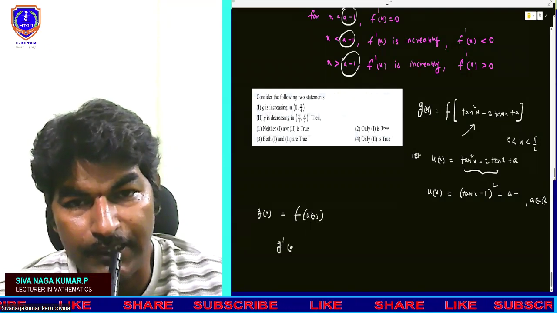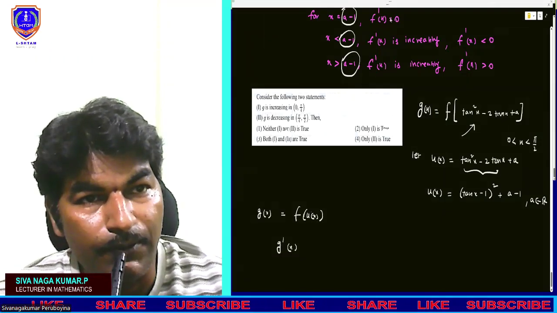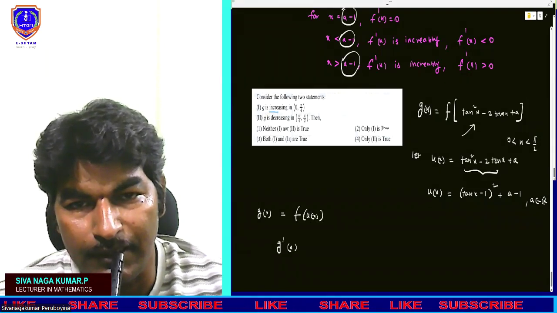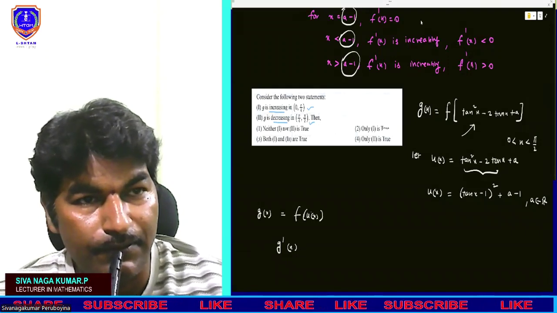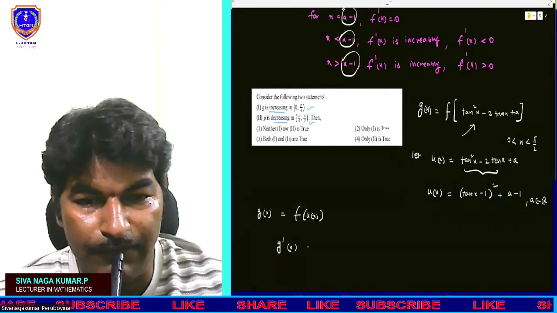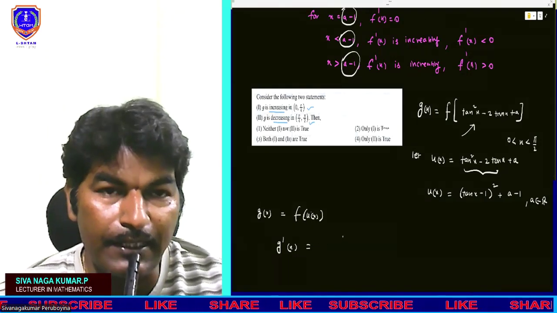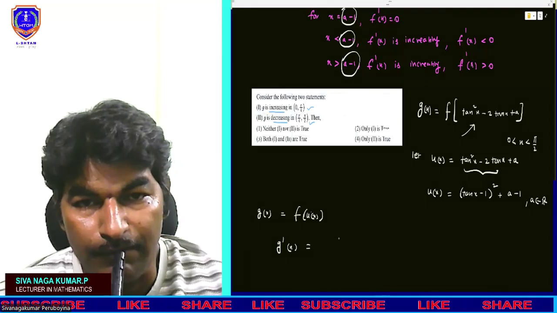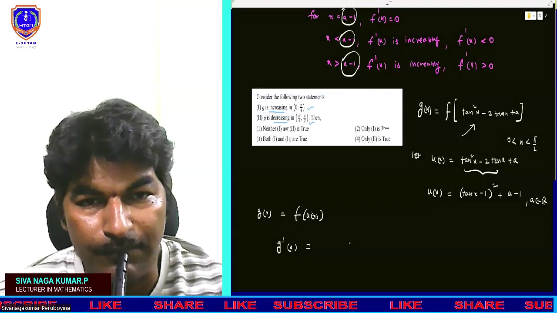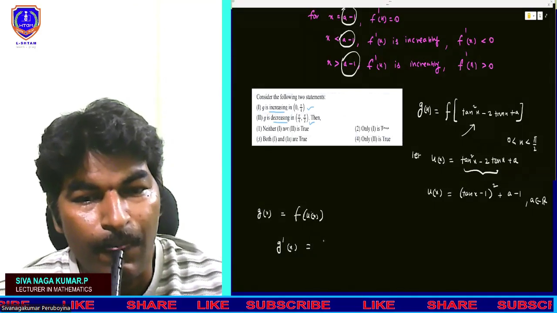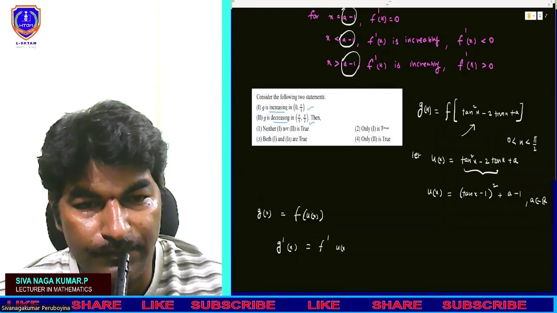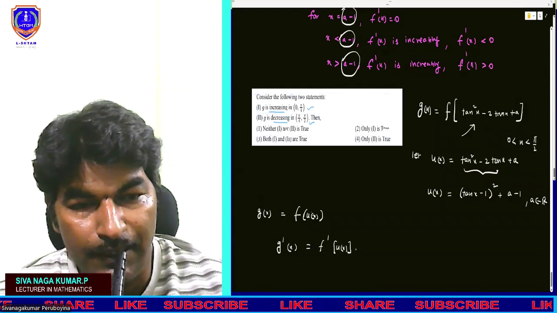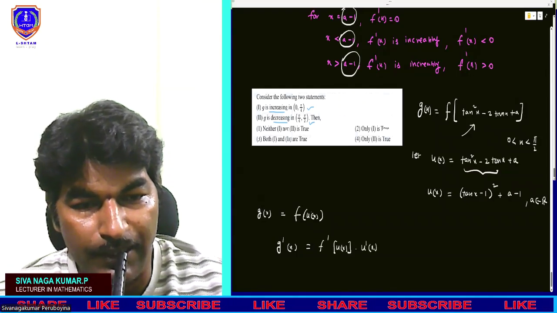Whereas g dash of x, because we have to identify whether it is increasing or decreasing in certain intervals. So that's why we find g dash of x, and then we will examine what's happening there. So g dash of x is nothing but f dash of u of x multiplied by u dash of x.